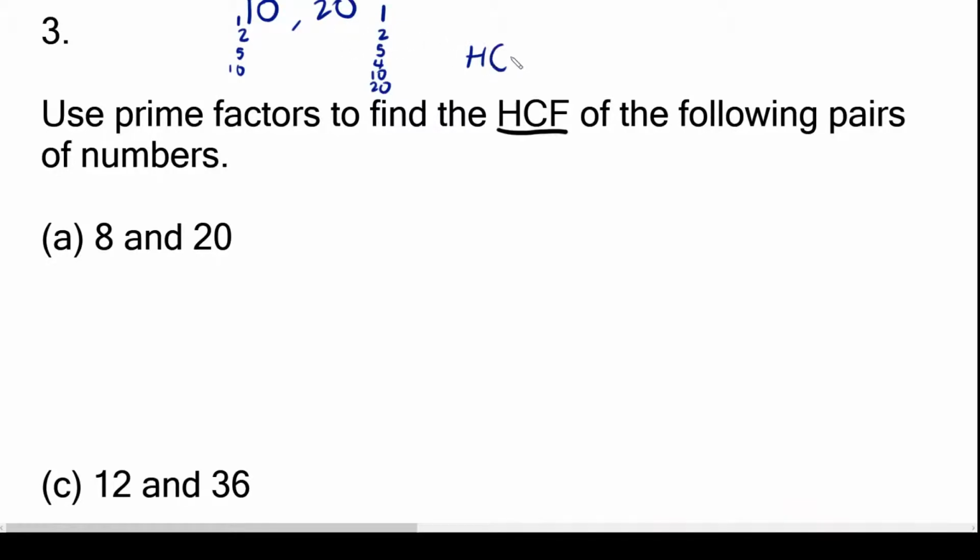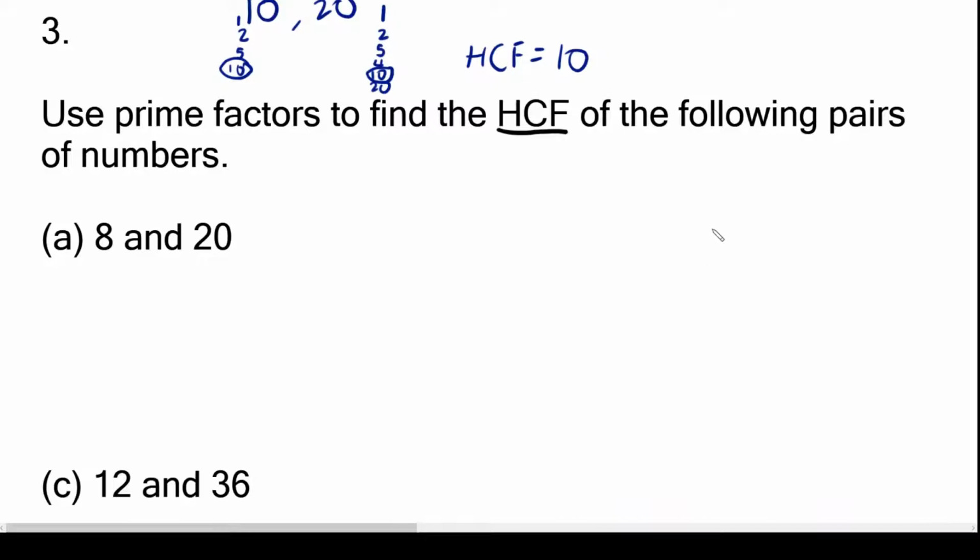So the highest common factor between those two numbers is going to be 10, because 10 is a factor of 10 and 10 is a factor of 20. So the biggest one is going to be 10.